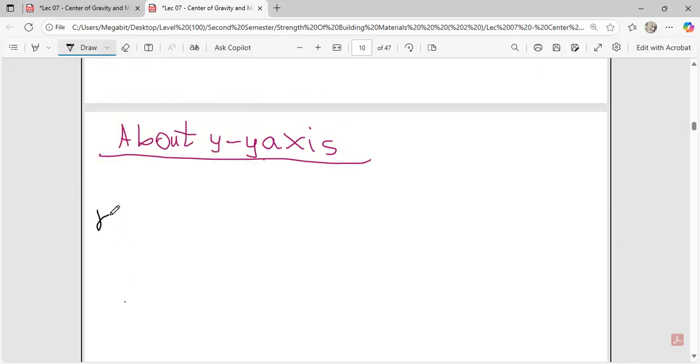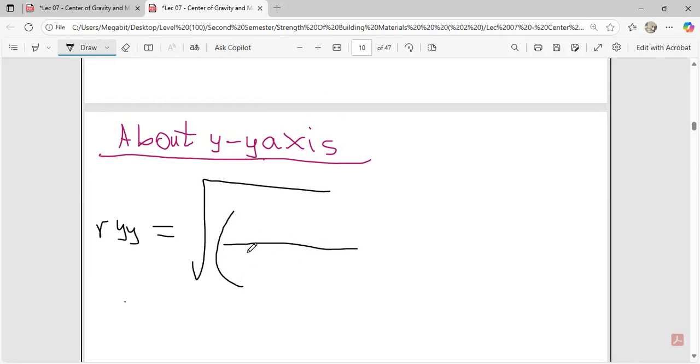Our r, radius of gyration about y, is giving us this, the root of I, the moment of inertia about y, all over the total area.